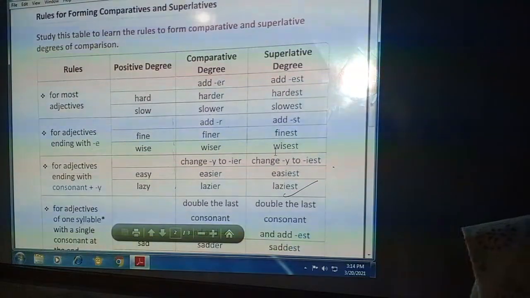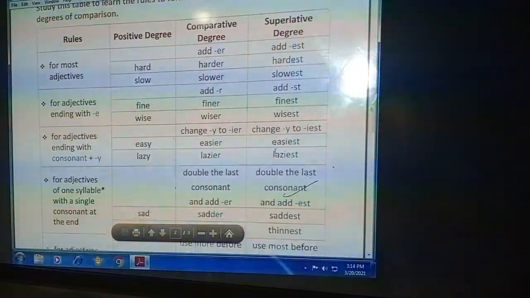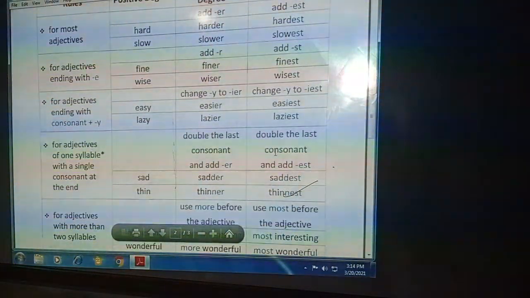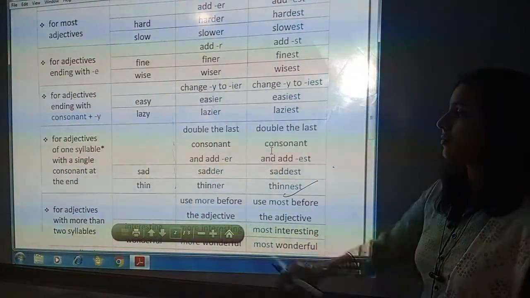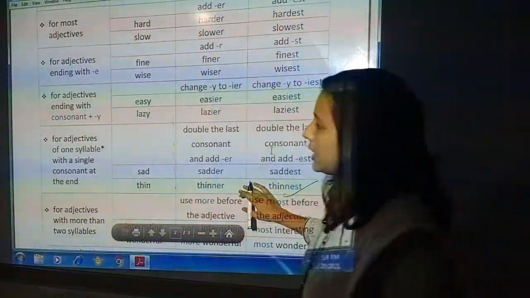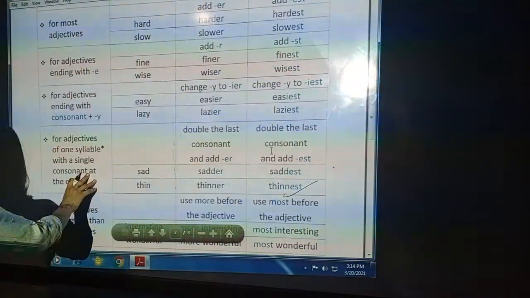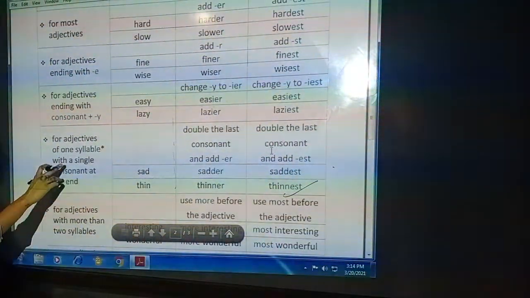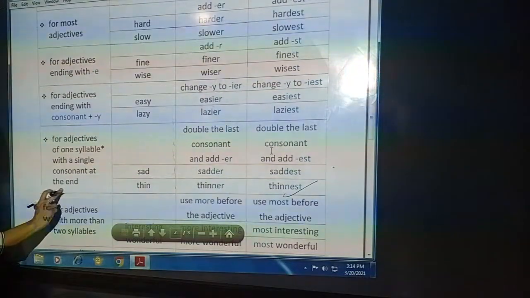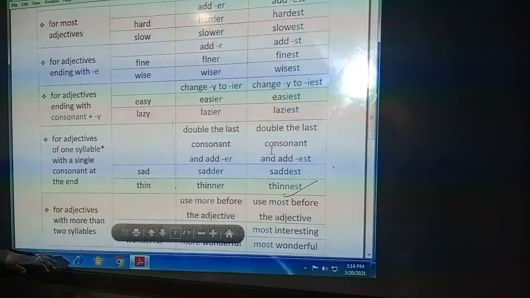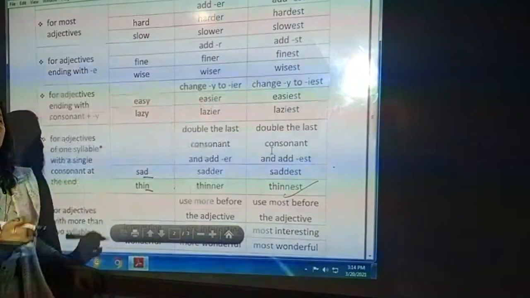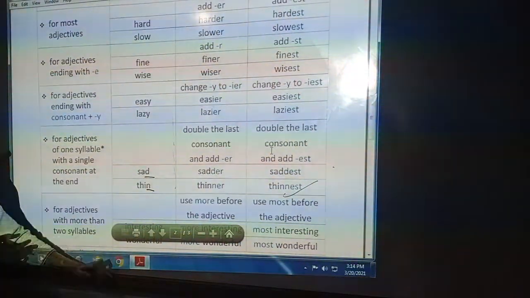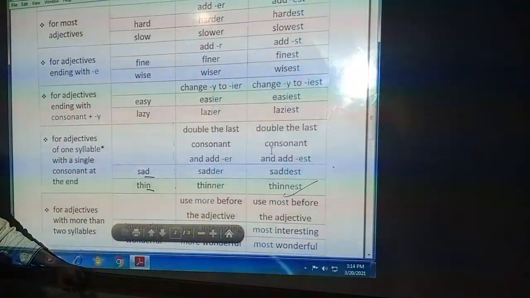Now, for adjectives of one syllable with a single consonant at the end, we will add one more consonant. We will add the last consonant again.